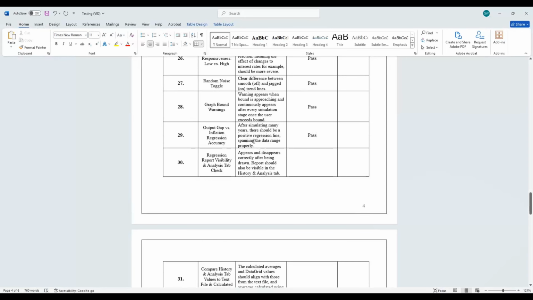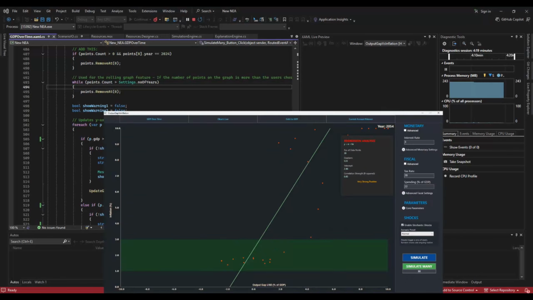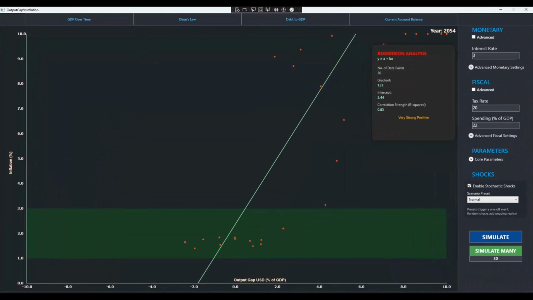Does it span the data range properly? Yes, it does. You can see that it goes through the data range. It doesn't stop before these points, etc. You can also verify other things like the intercept.